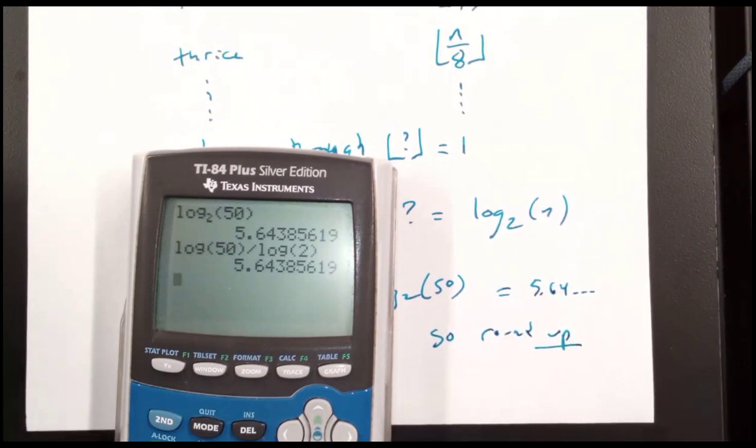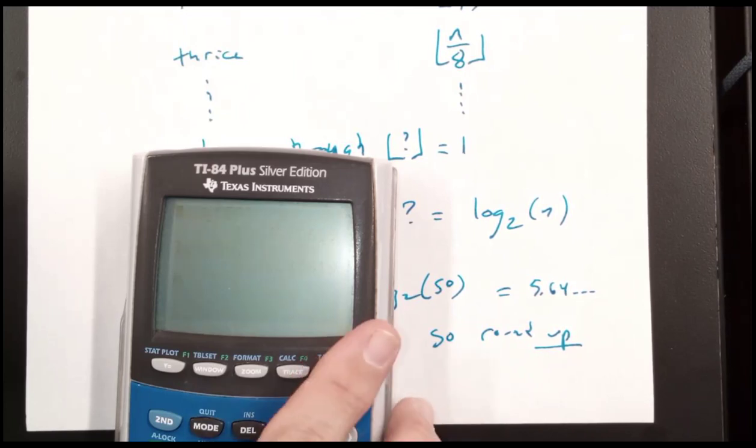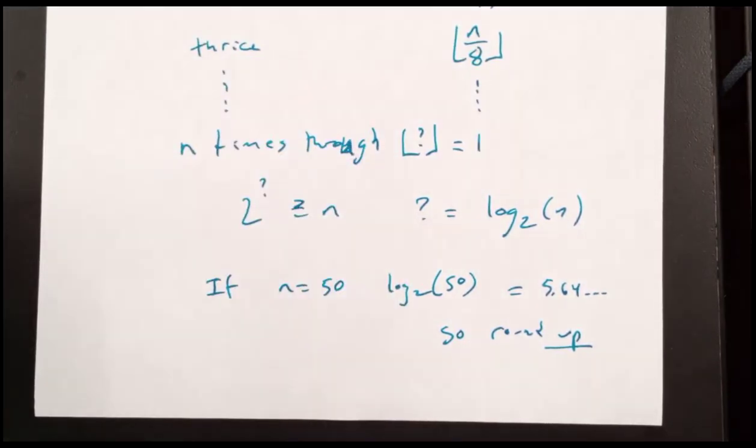But here's the best part. If I round this up, it's just one number bigger at most, right? So it's really the log plus 1. Big deal. But remember, when I'm thinking about complexity, all of the logarithms are equivalent. It doesn't matter whether I'm working in log base 2 or log base 10 or ln. It doesn't matter.